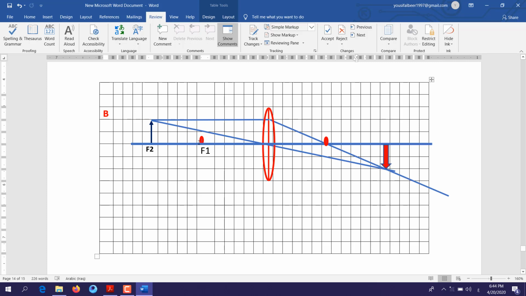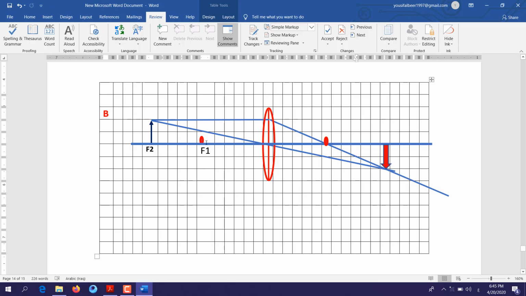To make it easier for the drawing, always make these points F1, F2. What does that mean? Principal focus number 1, principal focus number 2. To draw principal focus number 2, you will measure the distance.